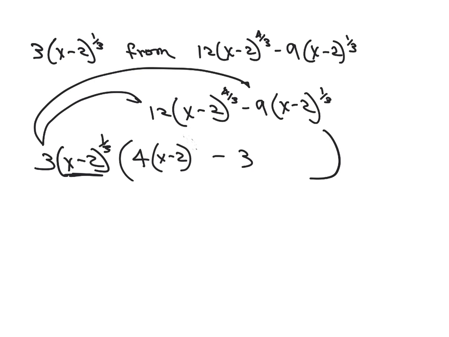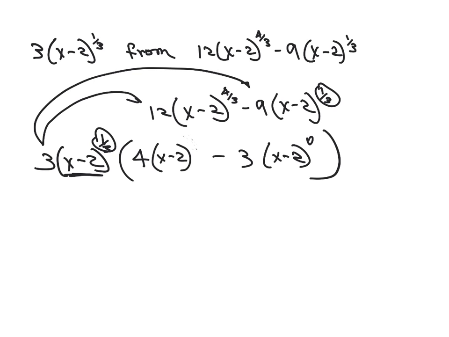Okay, so now let's look at this other one. How many times does x to the 1/3 go into x minus 2 to the 1/3? Well, because the exponents are the same, it goes into it 1 time. So what we get is x minus 2 to the 1/3 minus 1/3, which is 0.